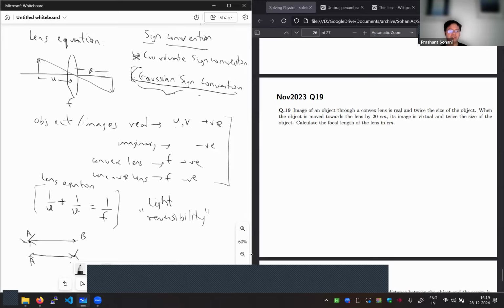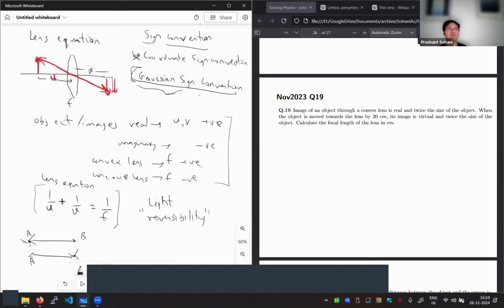In the same way, here in the diagram, the object is here and the image is here. But I can imagine a reverse situation where I put the object here and the image will get formed there. So the light ray is just tracing the same line but in the opposite direction.